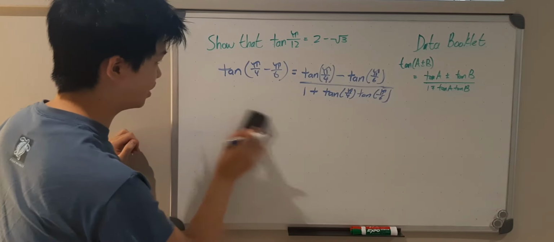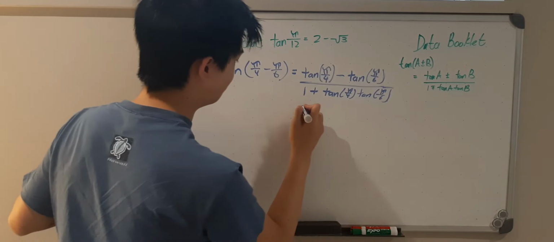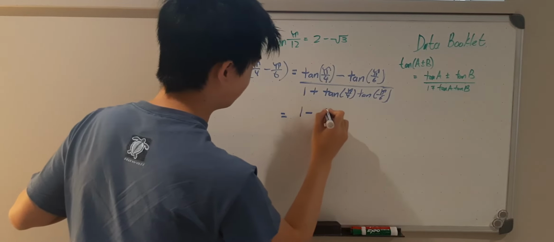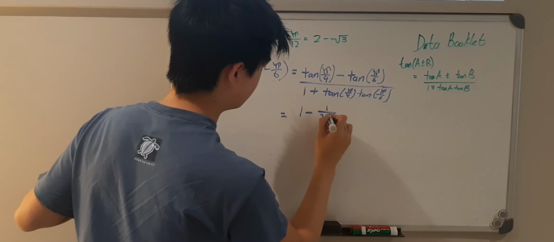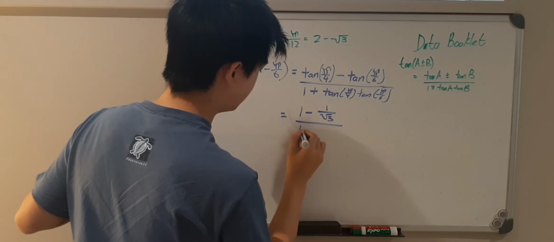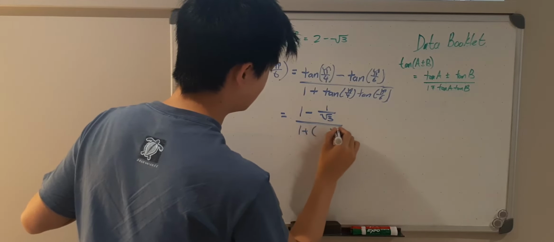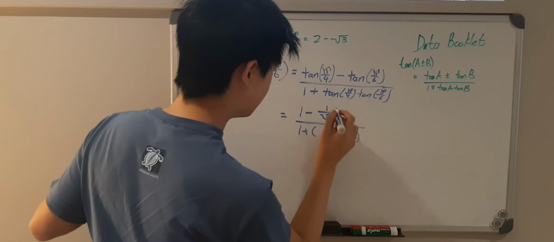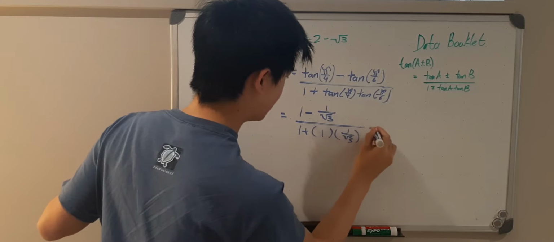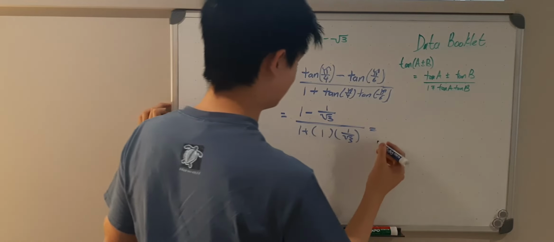Okay, oops, I erased that. So 1 minus 1 over root 3, over 1 plus 1 over root 3 again.